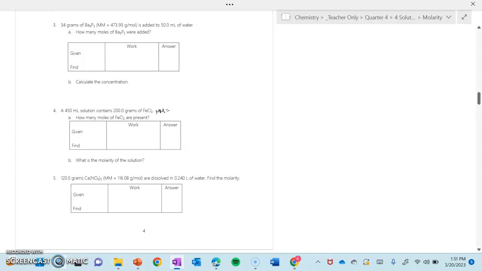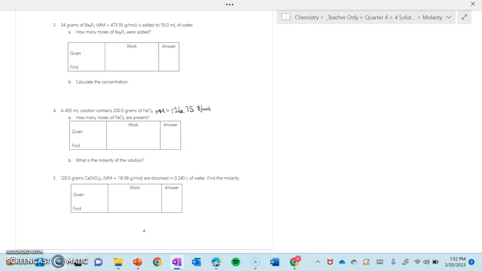And I mean, you can definitely check it if you'd like, or calculate it yourself. Make sure that it matches. But the molar mass of iron chloride is 126.75. So you can use that to convert to moles.